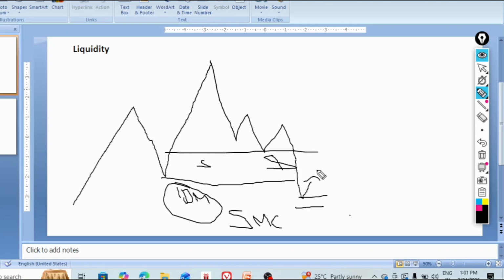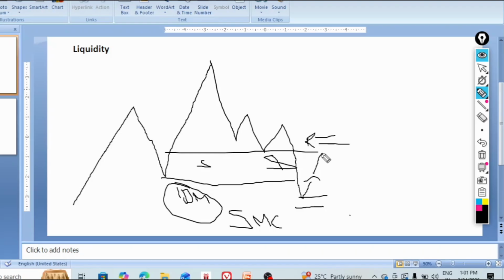The market will move up, and then this support, after the breakout, became a resistance. So some price action traders will try to sell here, and their stop losses will be here.